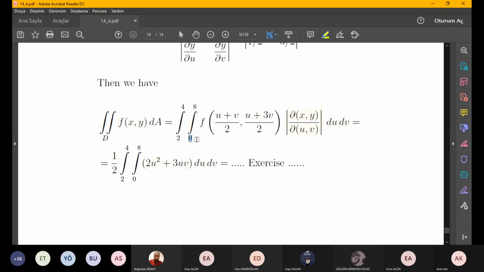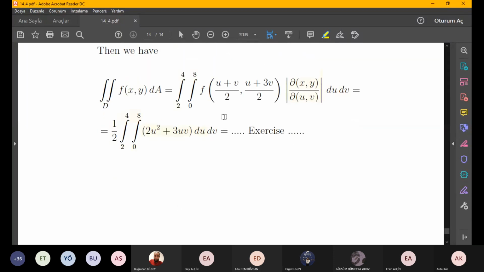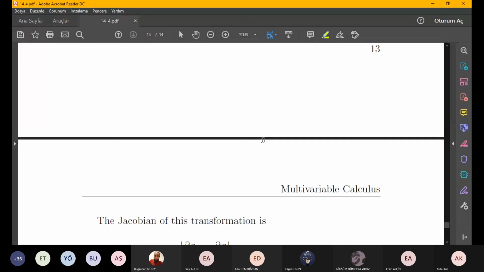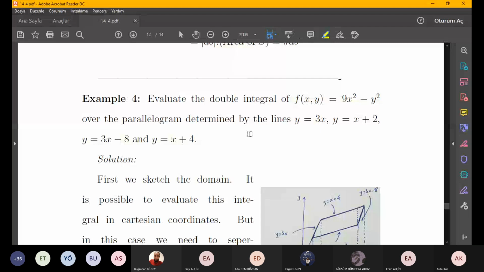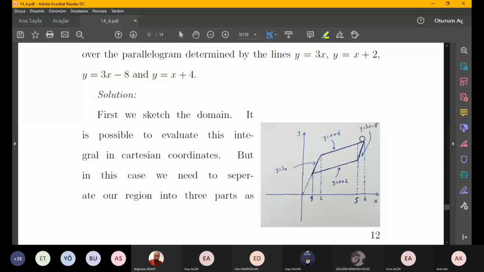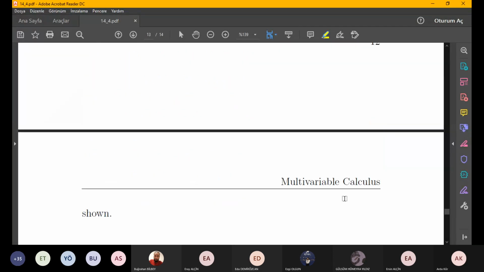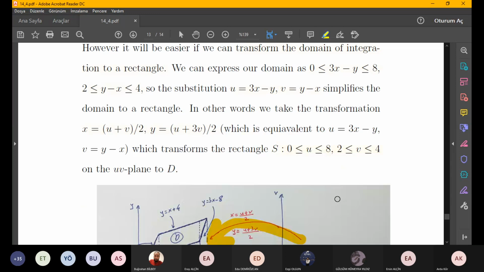First computing the inner integral, then the outer integral with respect to v, you can find the double integral of f(x,y) over the parallelogram, which we transformed into a rectangular region on the uv plane.